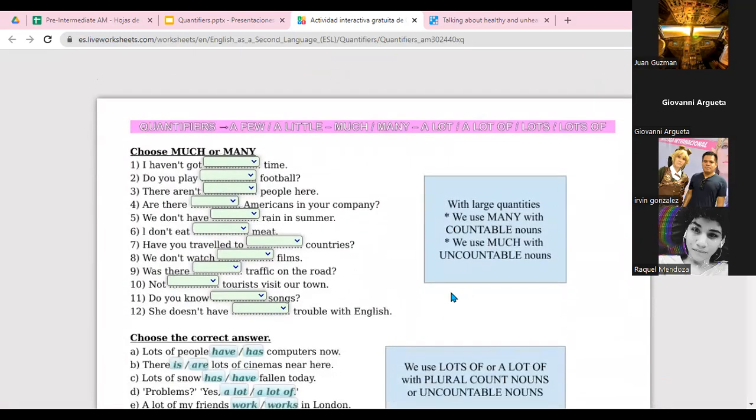Okay, the first mistake I saw was number 11. Let me see. Are songs countable or uncountable? What do you think?